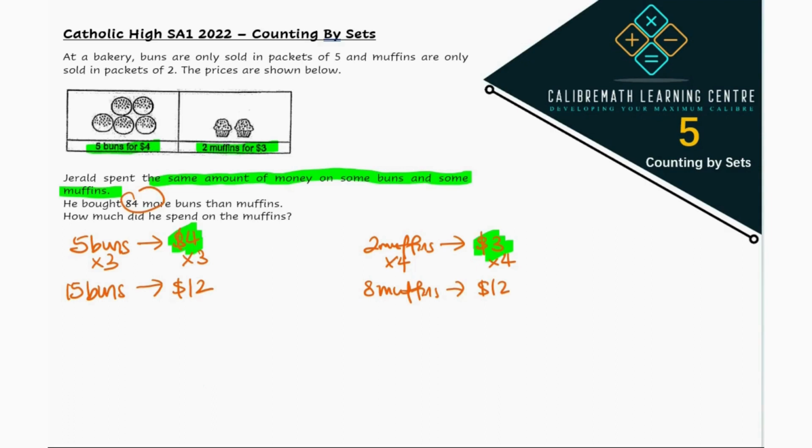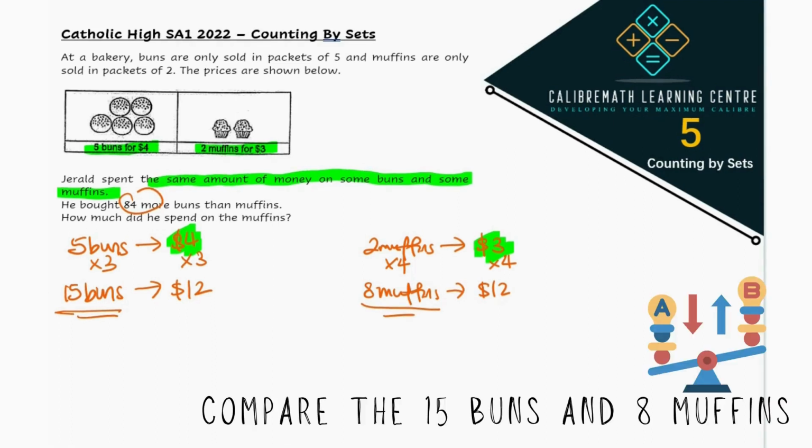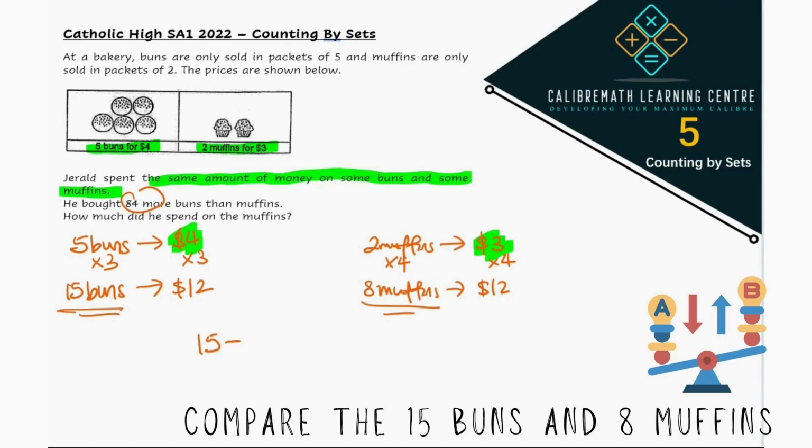But when we compare the number of buns here and the number of muffins here, do we get a difference of 84? 15 take away 8 gives us 7. So as you can see here, this 7 is not equivalent to the 84 that the question mentioned yet. So this means that these two values that we have gotten over here and here are not the actual values.